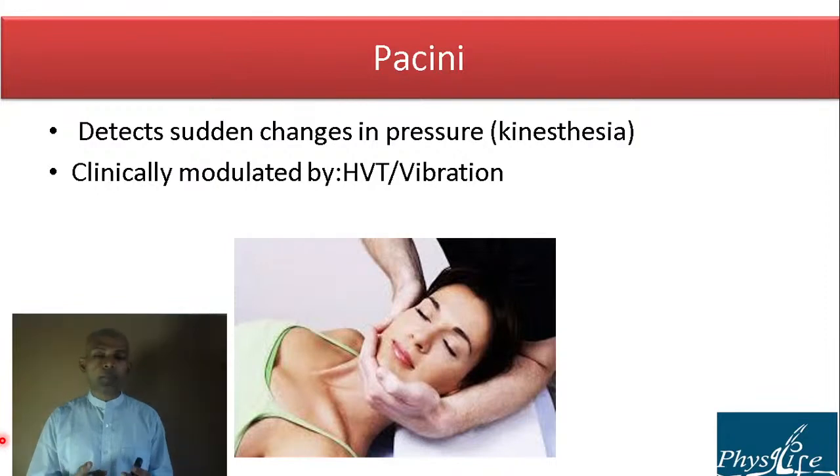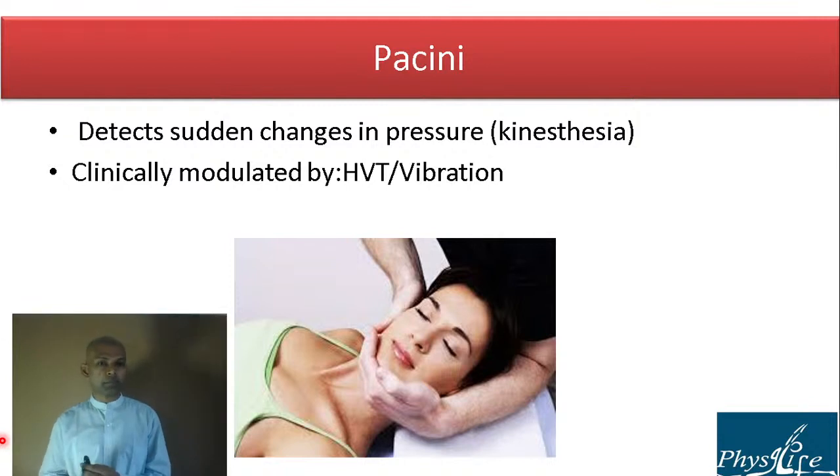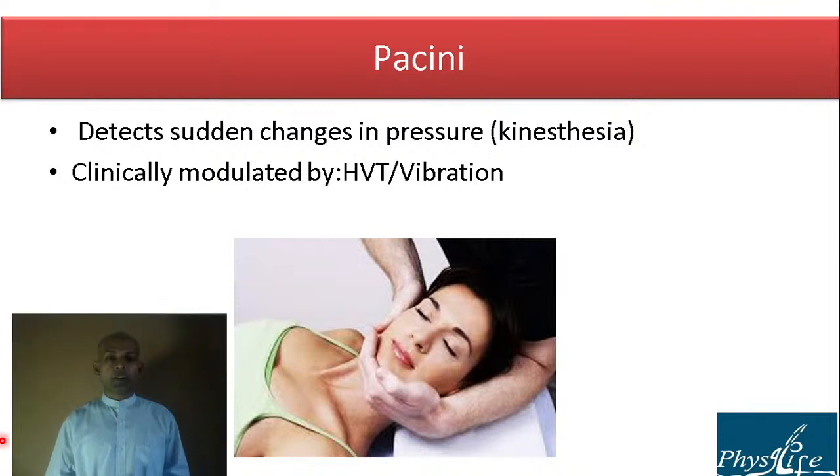So the Pacinian corpuscle, let us take it first. It detects sudden changes in pressure. It detects kinesthesia basically. And all these mechanoreceptors travel via the dorsal column. Clinically modulated by high velocity thrust as well as vibration. So if you feel relaxed by vibration, the function of the Pacini is it kind of resets the receptor. If you stimulate the Pacini with a single thrust, it resets the receptor.